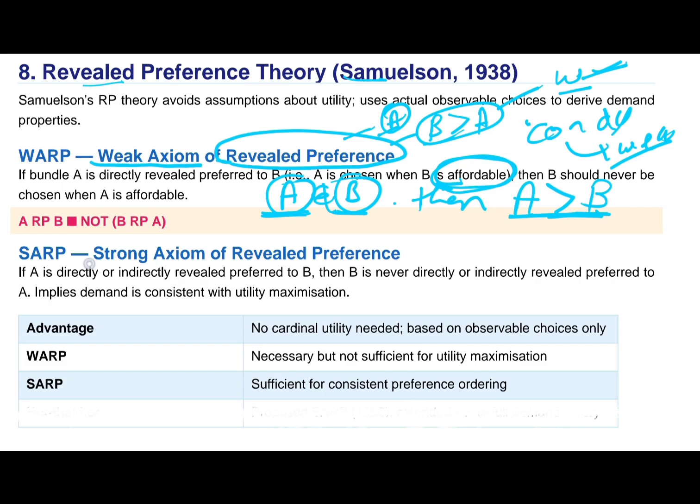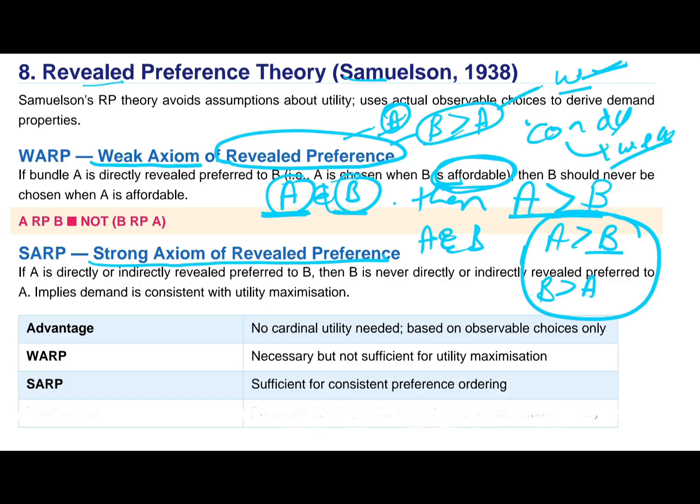But in the strong axiom of revealed preference theory, if he can afford both bundles A and B, and sometimes he chooses bundle A over B, and sometimes he chooses bundle B over A, it is a violation of the weak axiom of revealed preference, and this is the strong example. What are the advantages of the revealed preference theory?